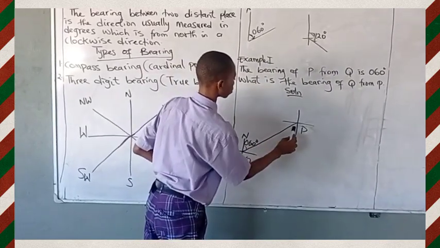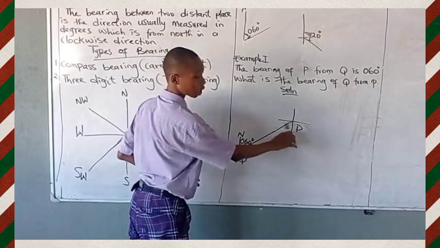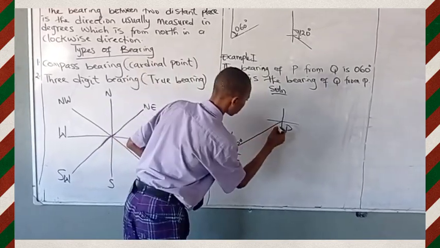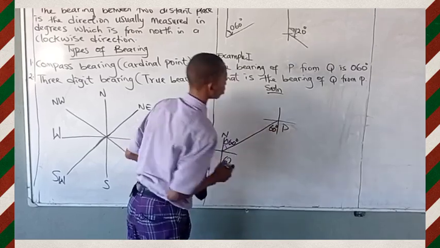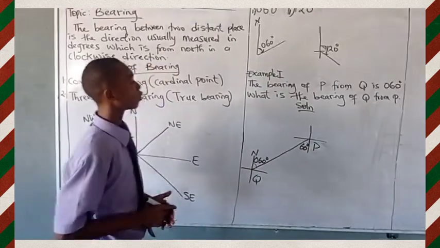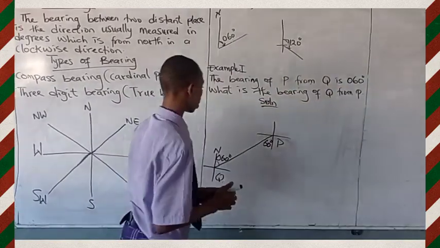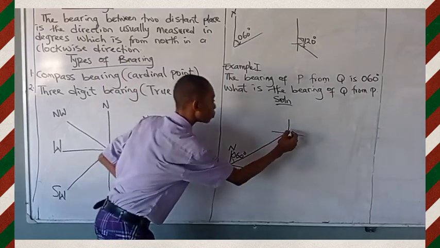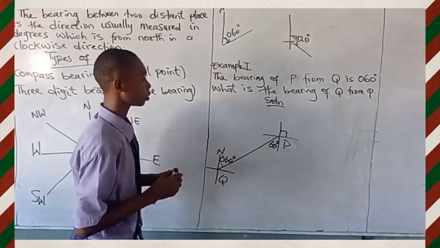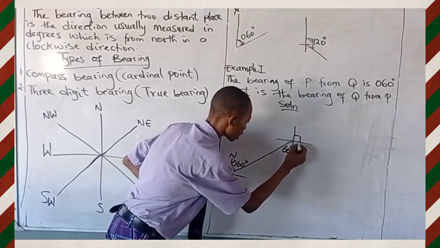This angle is equal to this angle because they are alternate angles. So here is 60 degrees. Now the question is, what is the bearing of Q from P? We know that from here to here is 90 degrees, and from here to here is 90 degrees.